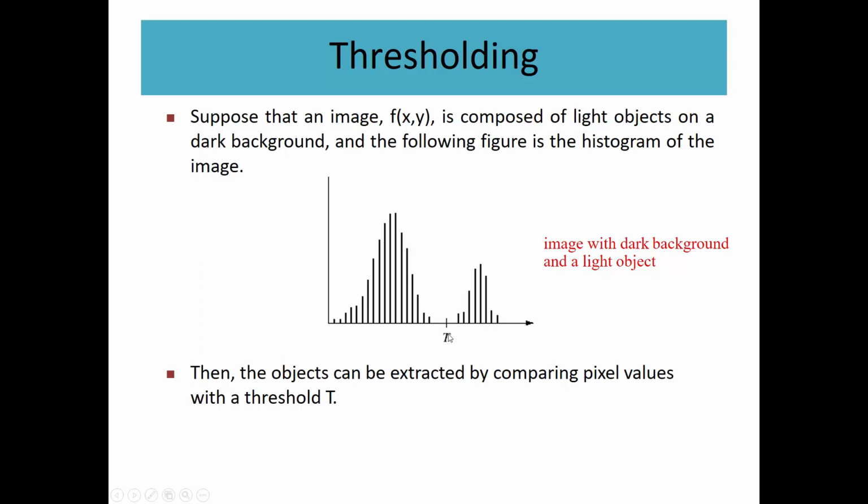If we select an appropriate T, which is the valley point between these two clusters of intensities, then we are going to get a segmented output image. So the segmentation depends upon the selection of an appropriate threshold value.